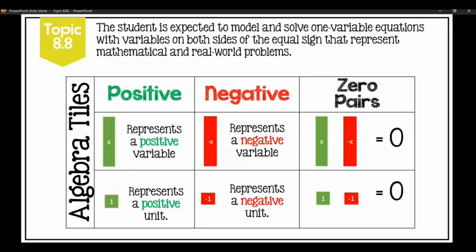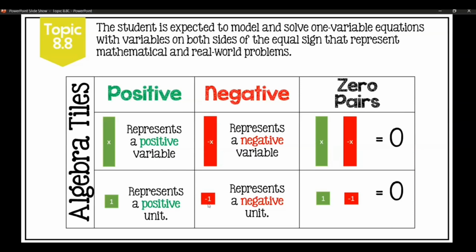And if we look at the units, it'll be a smaller square unit that will have either a +1 or just a 1 to represent it being positive. And here on the negative side, same thing, it's just the opposite. Again, most of the time the negatives are represented using red, and it has a negative X on the variable and then a -1 on the unit.